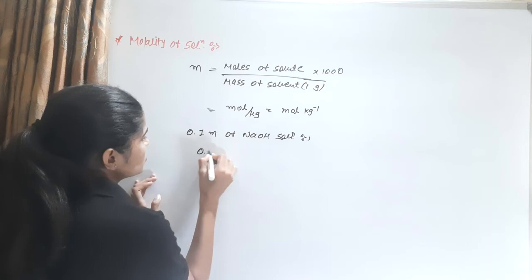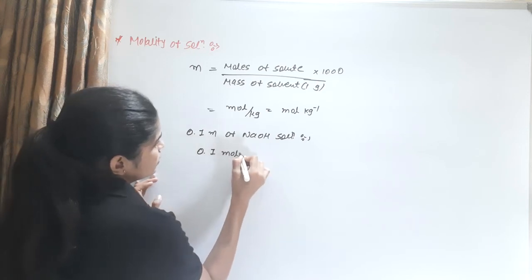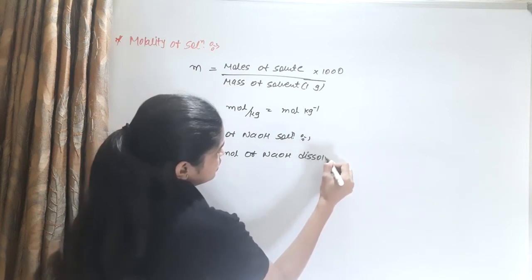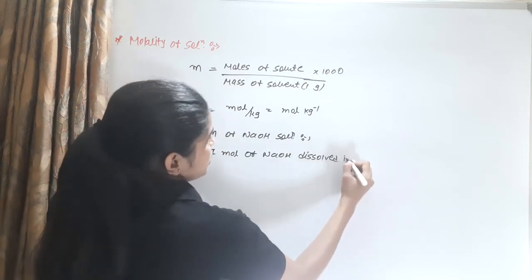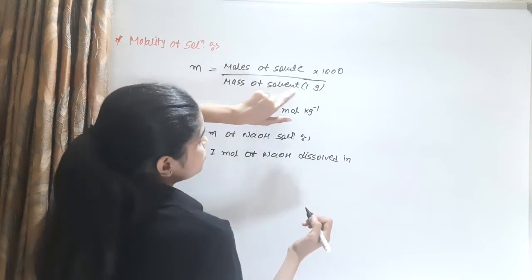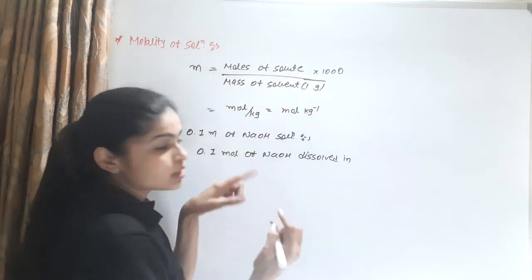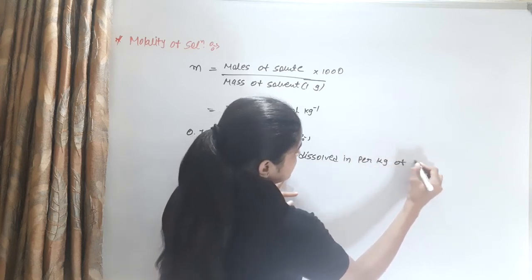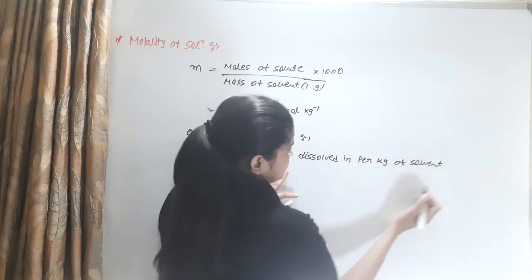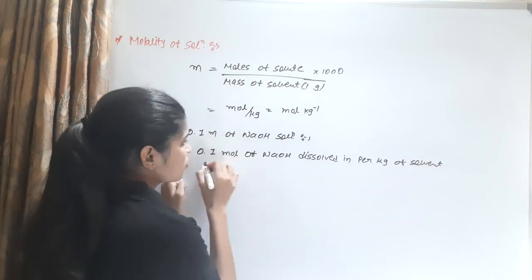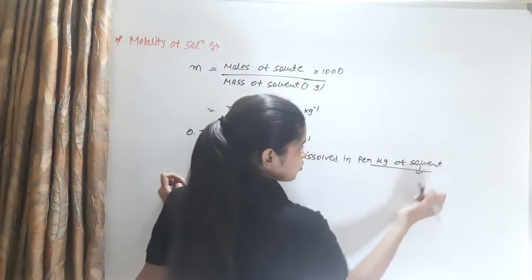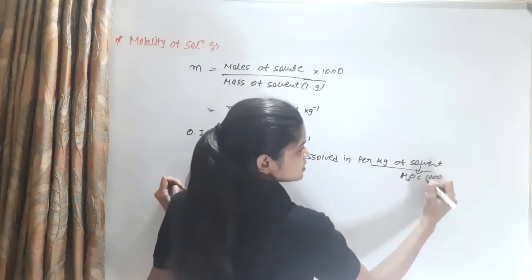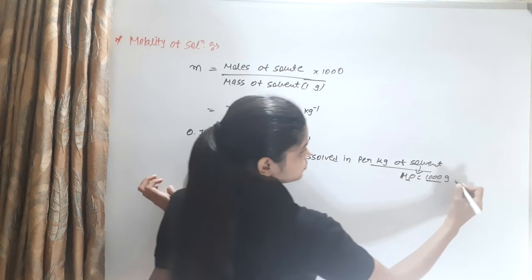That means 0.1 mole of NaOH is dissolved per kilogram of solvent. 0.1 mole of NaOH per kilogram of solvent. The solvent used is water, and 1 kilogram means 1000 gram of solvent.